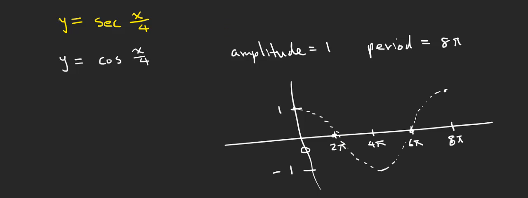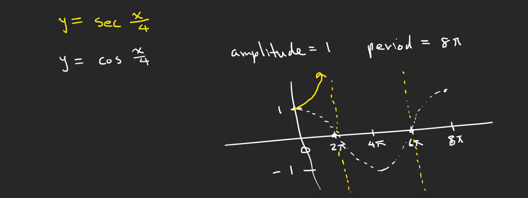And you know that the vertical asymptotes happens at the x-intercepts of cosine of x over 4. So it's going to be at 2 pi and 6 pi.